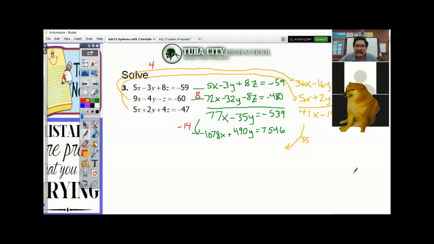Now I'm going to go ahead and try to eliminate the, not eliminate just yet. I have to multiply everything by 35. So 35 times 41. Okay. And now I need to multiply negative 14.